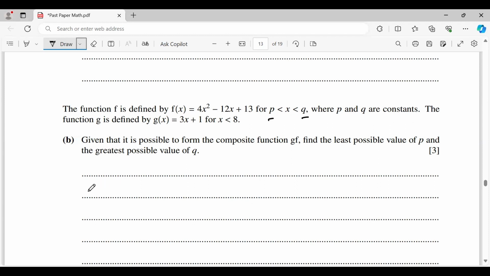According to this information, that domain, okay, will become range of f, okay, through composite function fx.